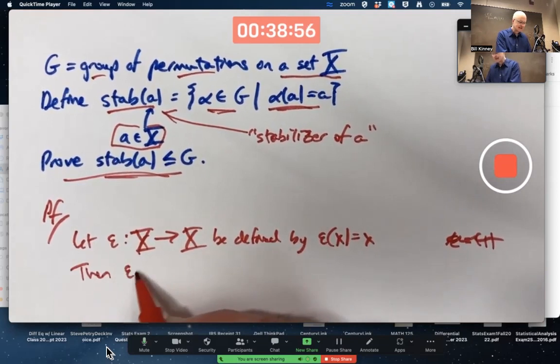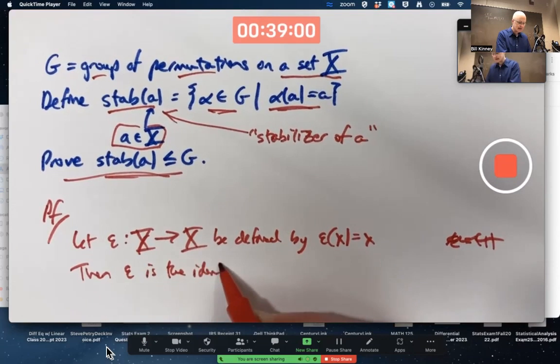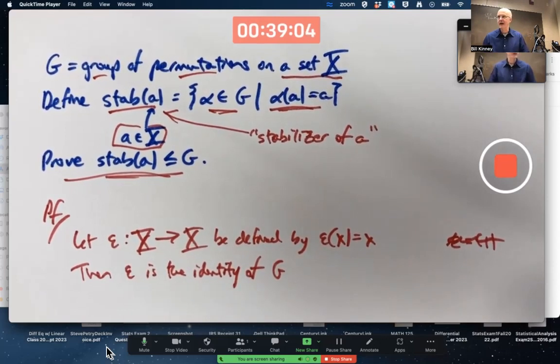Then epsilon is the identity of G. It has to be, because G is a group of permutations, it has to have an identity, and that identity, if you think about it, has got to be this function. I'm not really fully proving this. I'm just sort of re-emphasizing this is something to know.